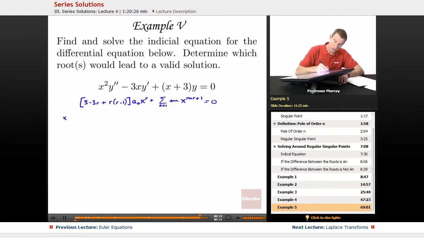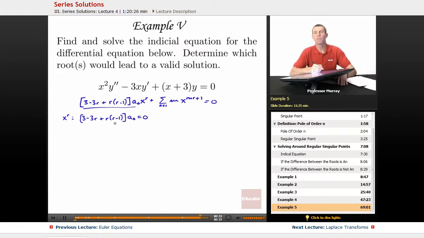So the x to the r term tells us that its coefficient must be 0, which tells us that 3 minus 3r plus r times r minus 1, all times a naught, is equal to 0.